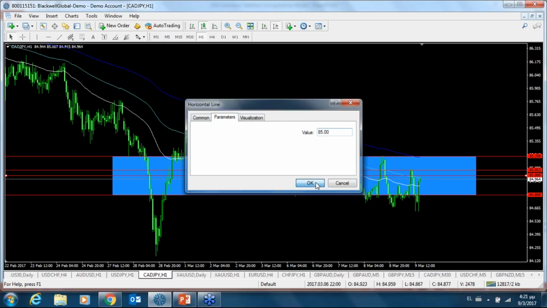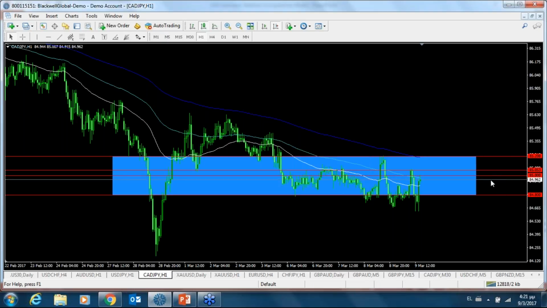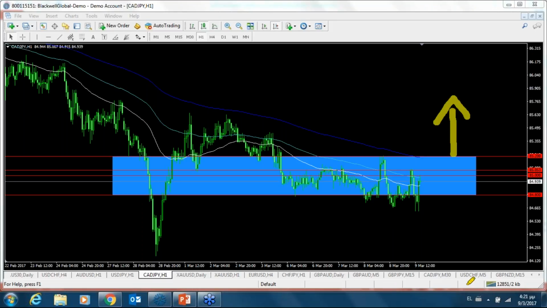85.00. Okay, it's inside here, right? Price is too close to 85.00 to the upside, and too close to 84.80 to the downside. So let's wait till price goes up above this zone or under this zone. This means uptrend, this means downtrend.